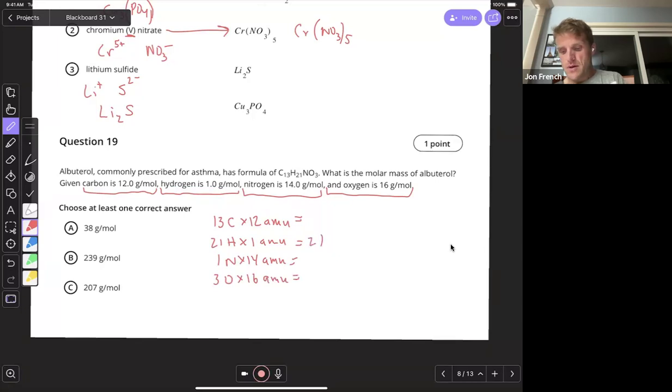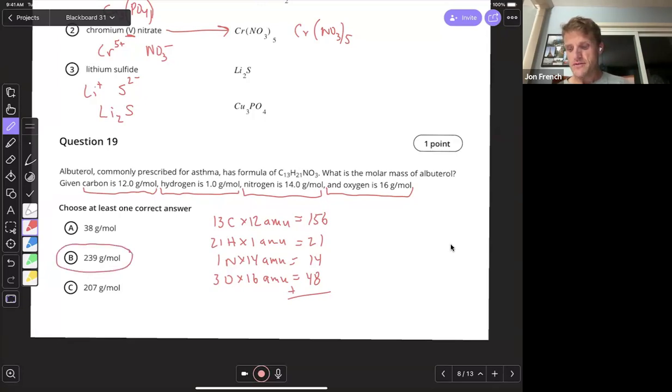So 21, 14, 48, 12. This would be 120 plus... yeah, 156. Add those all together, 156 plus 21 plus 14 plus 48. I get something like 239.